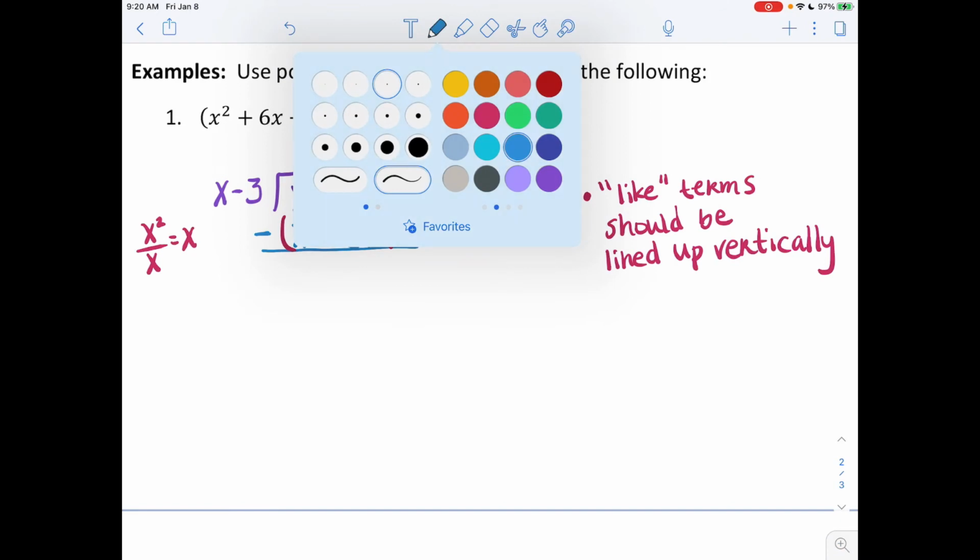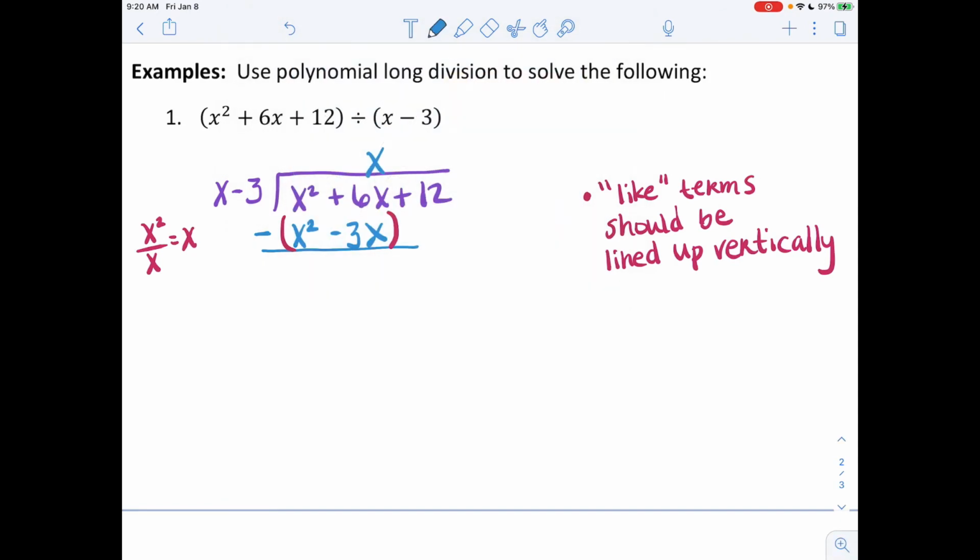So let's do that. We have x squared minus x squared. Well, that's just going to give me a 0. So you can write the 0, but you don't have to. The next thing is I need to take 6x and subtract negative 3. So think about that. Subtracting negative 3.